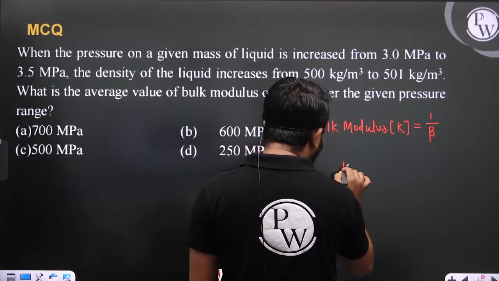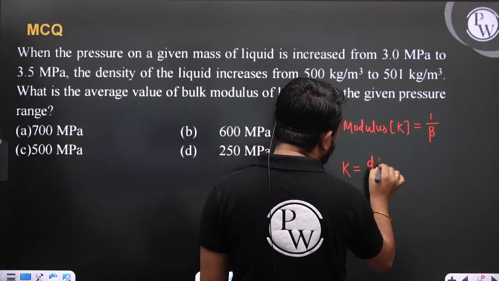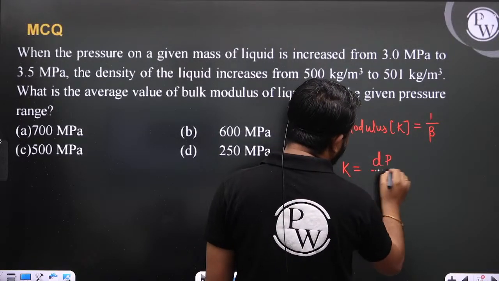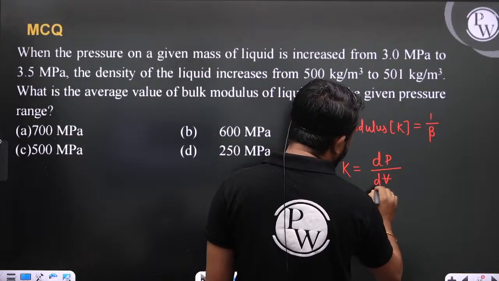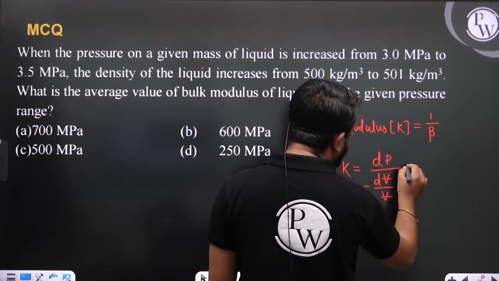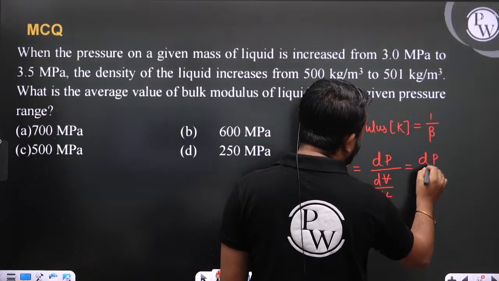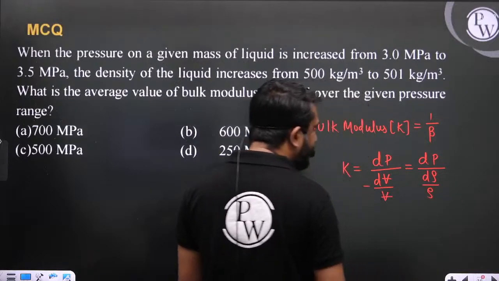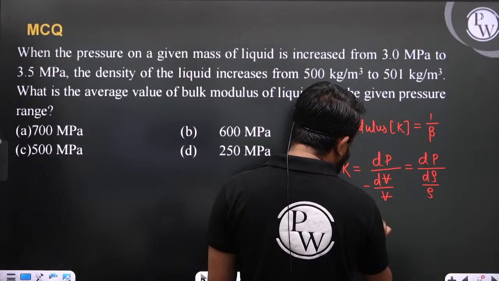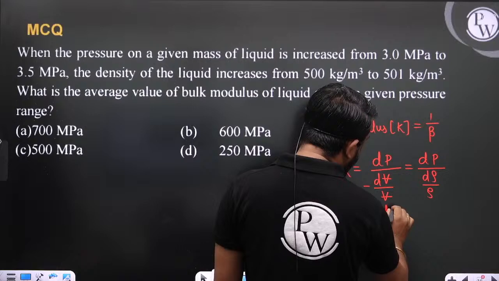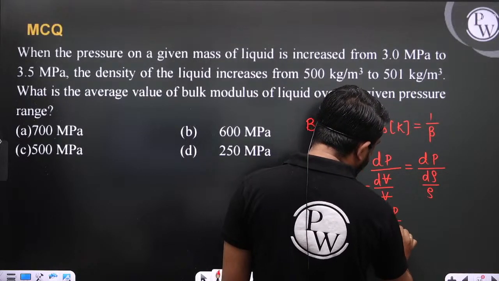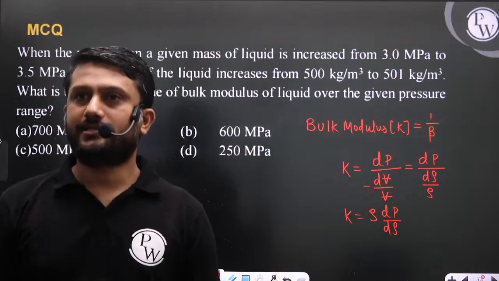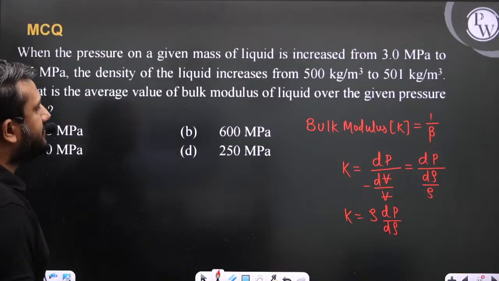So simply we can write that K is equal to dP over dV by V, or in terms of density, dP over the relative change in density. K is equal to rho dP by d rho. So this is the mathematical expression of bulk modulus.